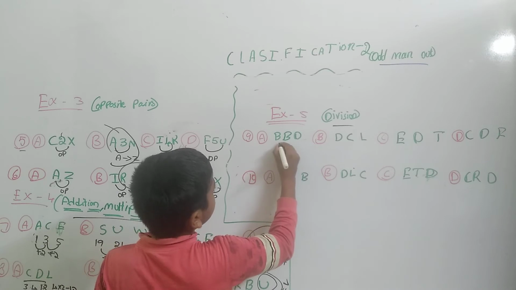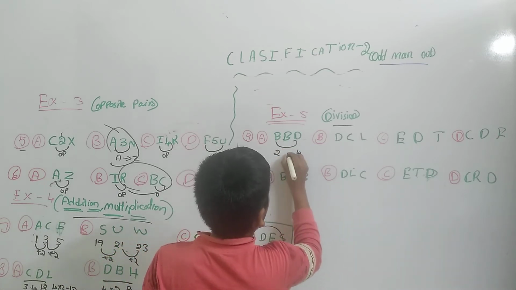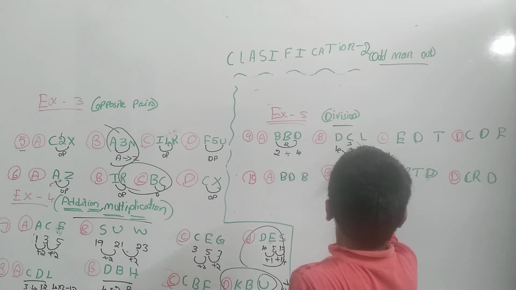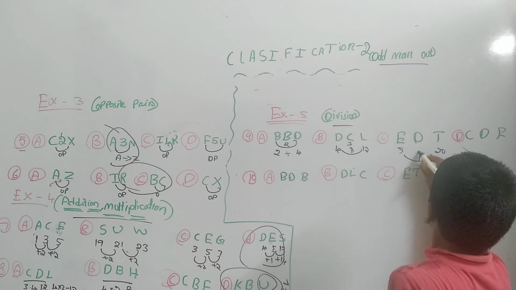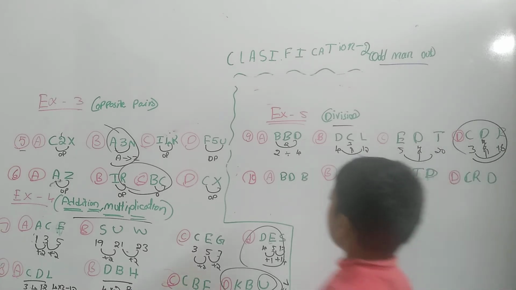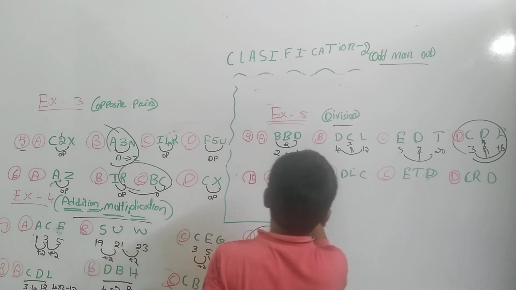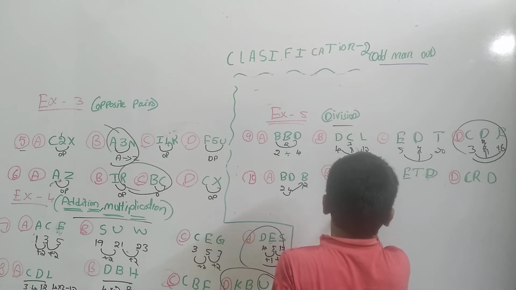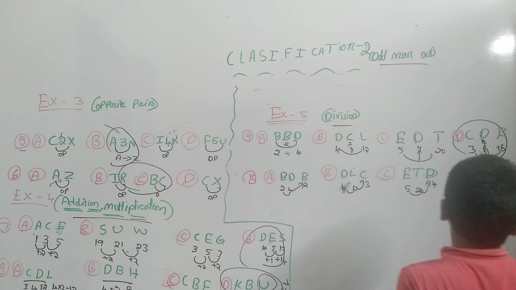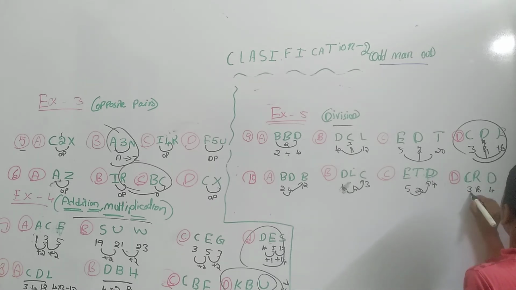What does division mean here? 2 4: 4 divided by 2 equals 2. 4 12: 12 divided by 4 means 3. 5 20: 20 divided by 5 means 4. 3 R means 18: 18 divided by 3 should come 6, but the answer came 4, which means the answer is D.